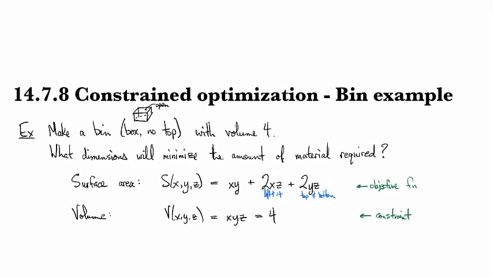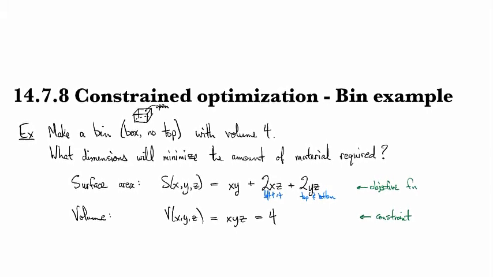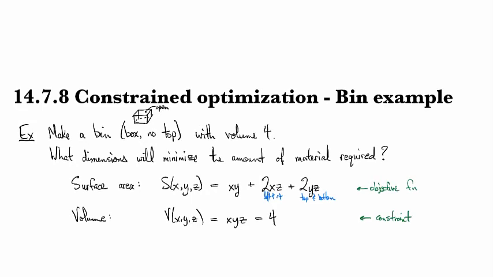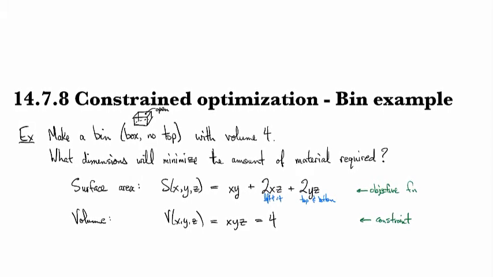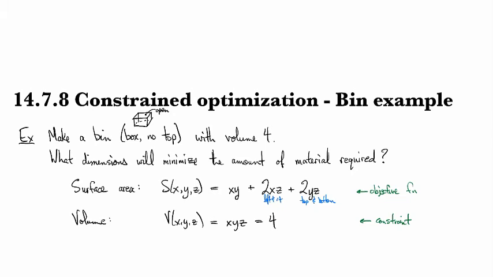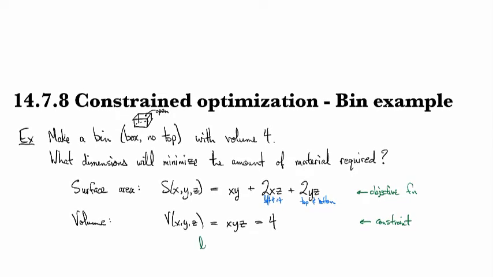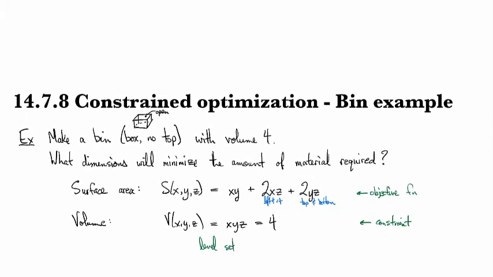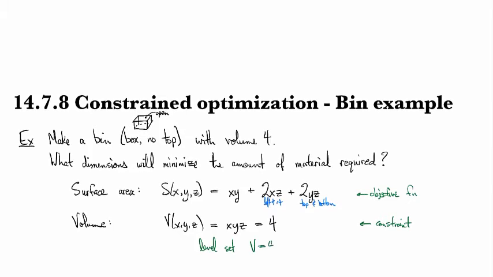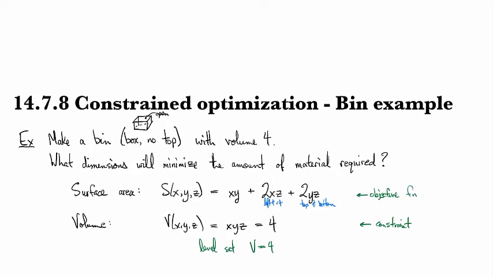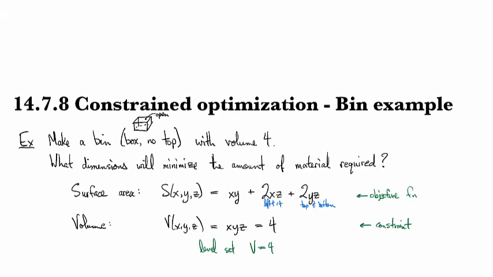So there are no maxima or minima on R3. However, when we constrain it to the level set, the level surface actually, where V is equal to 4, then we will find that there are constrained extrema.